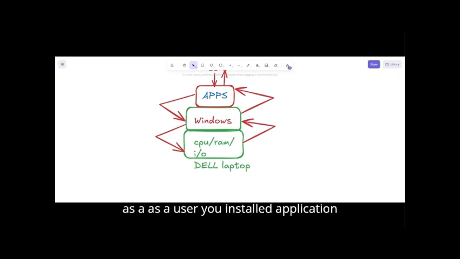The application sends the request to your operating system, and the operating system sends the request to your hardware, the CPU or RAM or anything. The response then goes back from the hardware to the operating system, from the operating system to the application, and finally reaches the user. This is the life cycle.